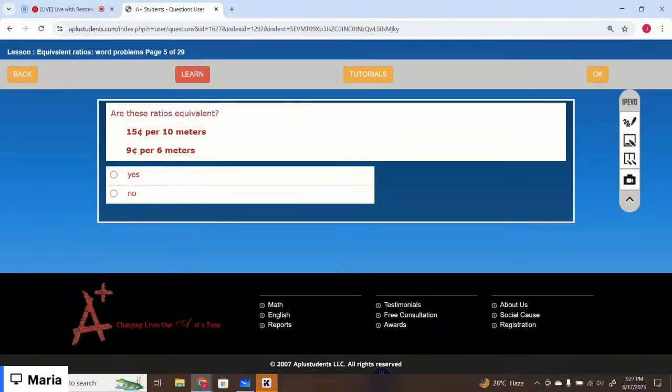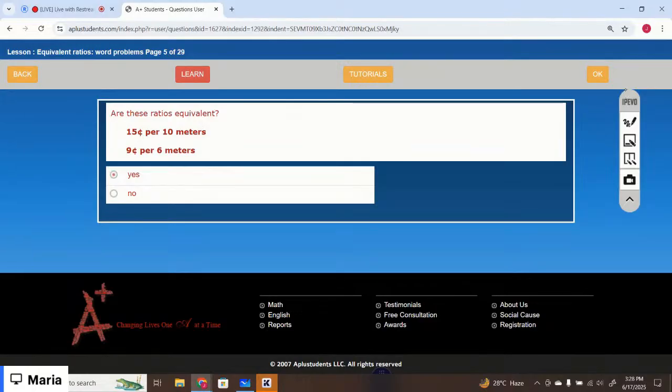So which is the correct option? That is, yes, they are equivalent.